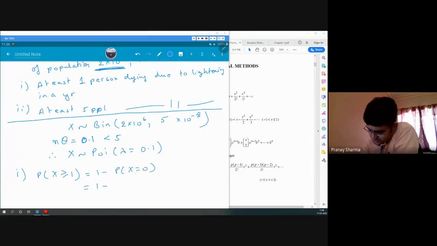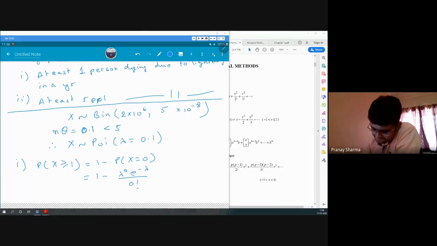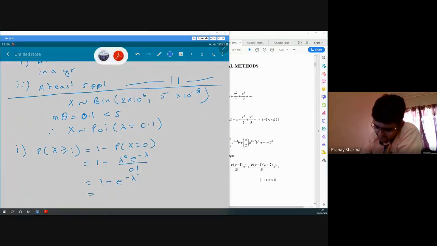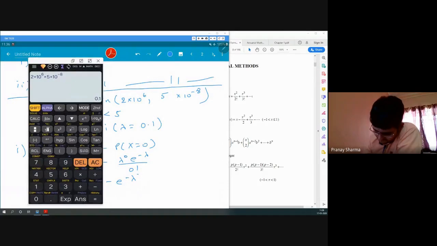For Poisson distribution, we'll have lambda raised to 0, e raised to minus lambda by 0 factorial. That is just 1 minus e raised to minus lambda, which is 0.904837.